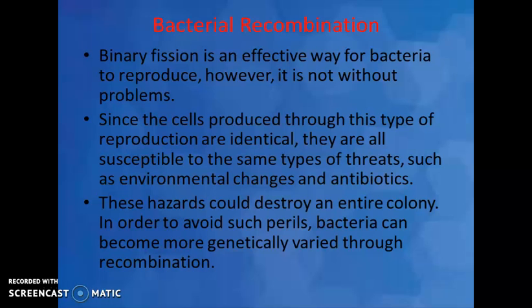The next topic is bacterial recombination. Binary fission is an effective way for the bacterium to reproduce, but it is not without problems, since the cells produced through this type of reproduction are identical. They are all susceptible to the same threats, such as environmental changes and antibiotics.